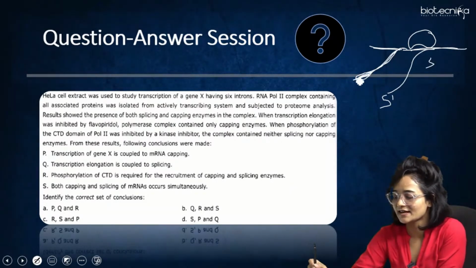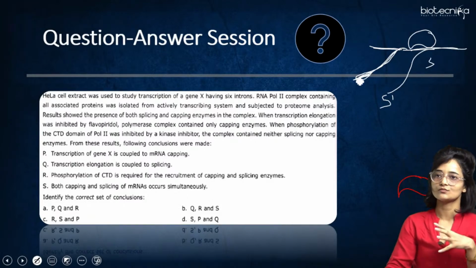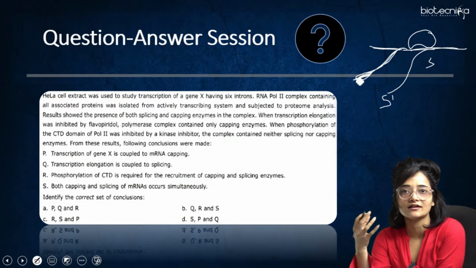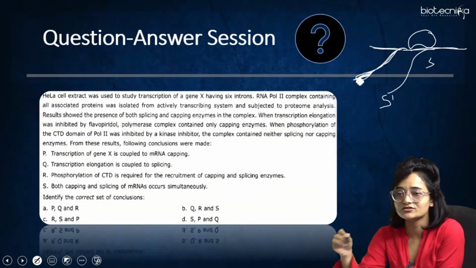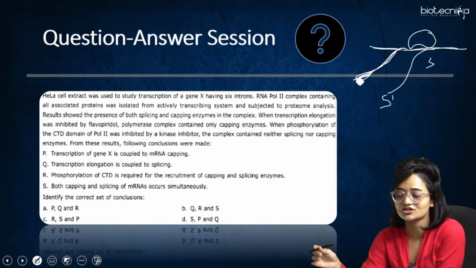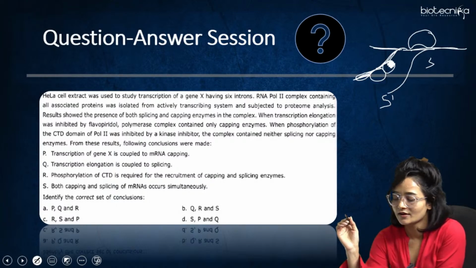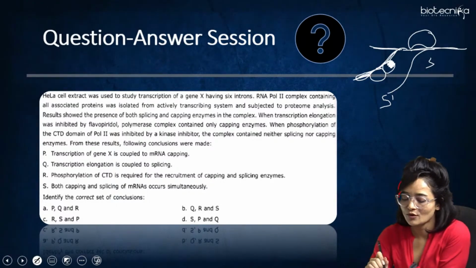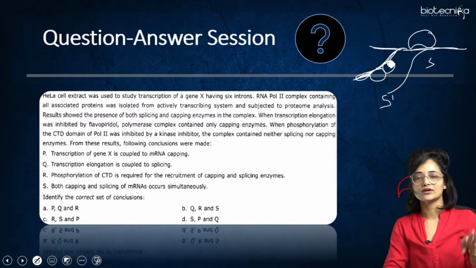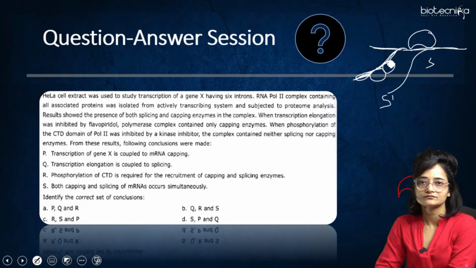Now this CTD tail consists of the enzymes involved in post-transcriptional modification, right? Since this system is actively transcribing, during the transcription process itself the post-transcriptional modification enzymes come and bind to the CTD region, right? These include splicing enzymes, capping enzymes, and the polyadenylation enzyme also.